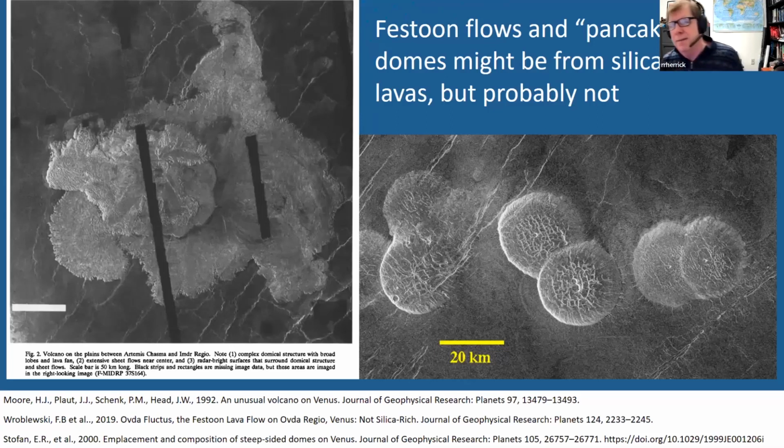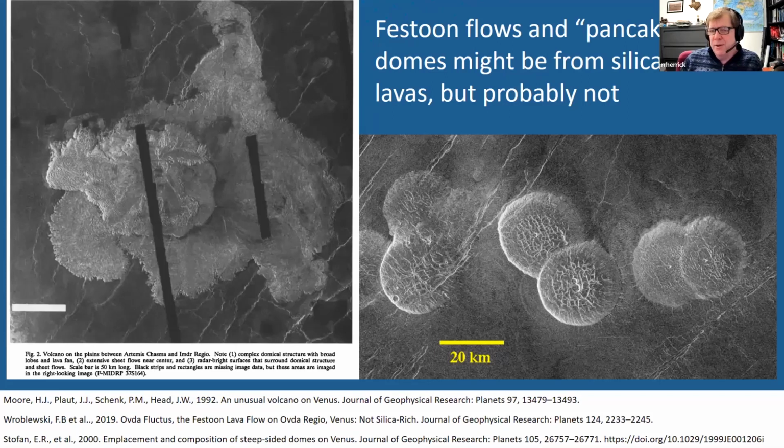Okay, so another thing of interest, if we can find them, are volcanic features that are produced by silica-rich lavas. That would be telling us something unusual about the lithospheric and source material for the volcanoes.